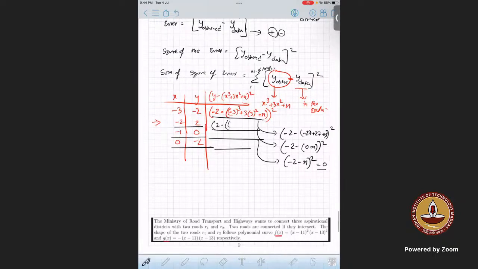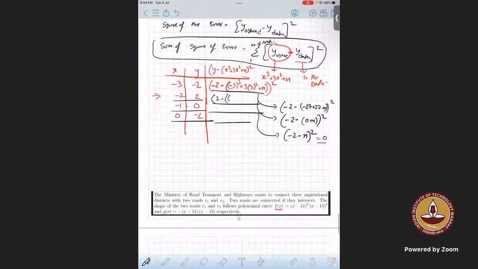Just follow this, listen carefully. What is the y value? Minus 2. This is the actual y value. But using the equation, what is the equation? x cube plus 3x square plus n. Use this equation. What is the x value?